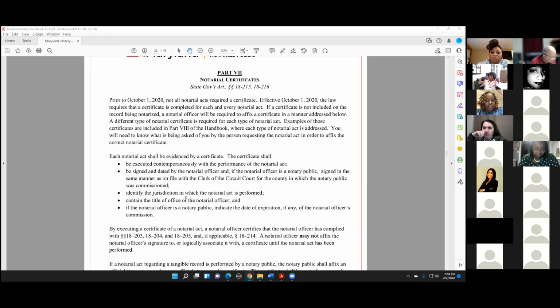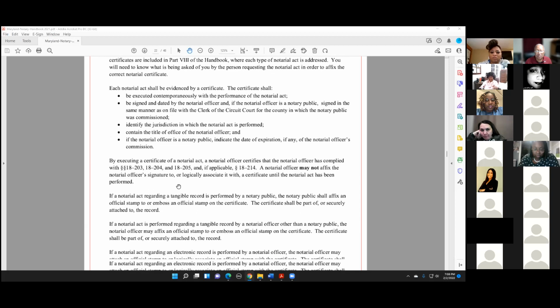Sometimes we bring things with us from our past. We bring things with us from our occupation. But I want you to be able to go here and read it for what it really is and as to what we do. It must contain the title of the notarial officer, and if the notarial officer is the notary public, indicate the date of expiration, and so on.